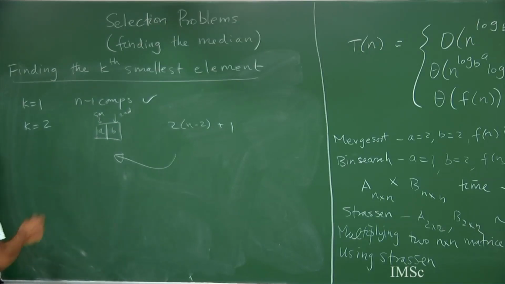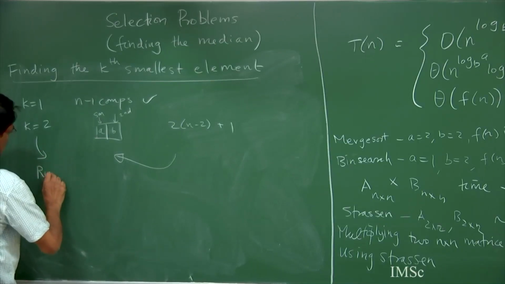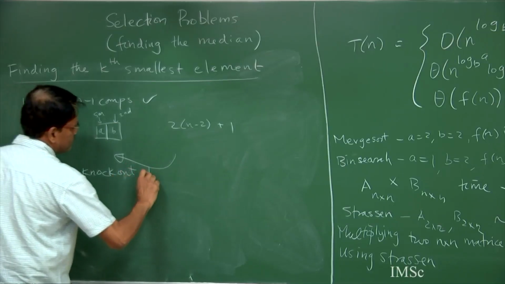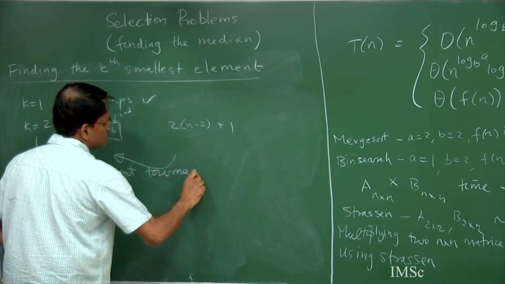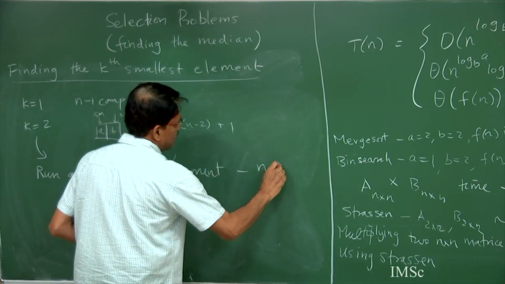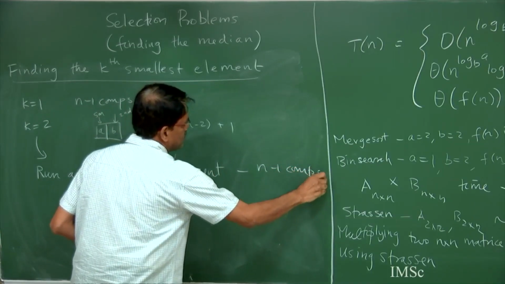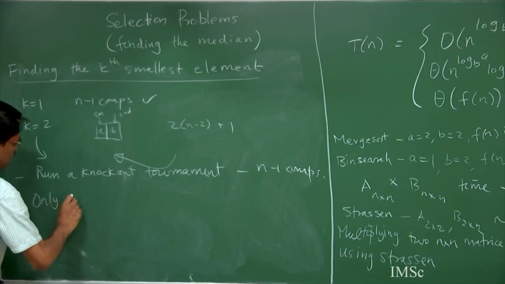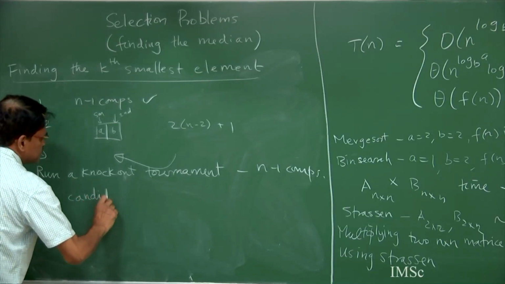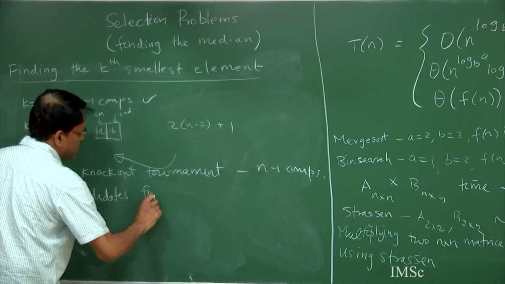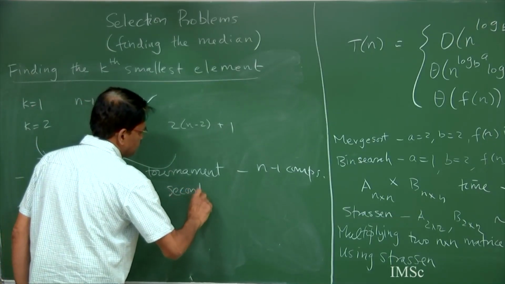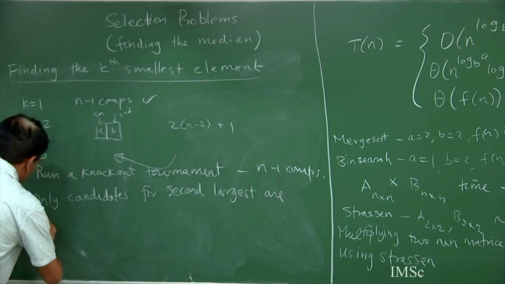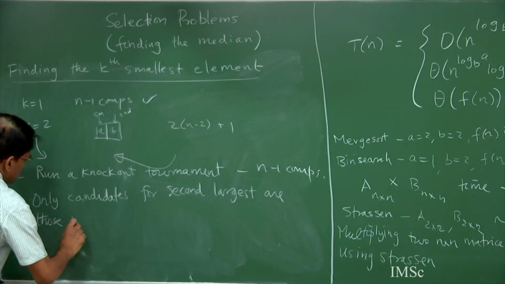So, run a knockout tournament, that is n minus 1 comparisons. Only candidates for second largest are those who lost to the champion.